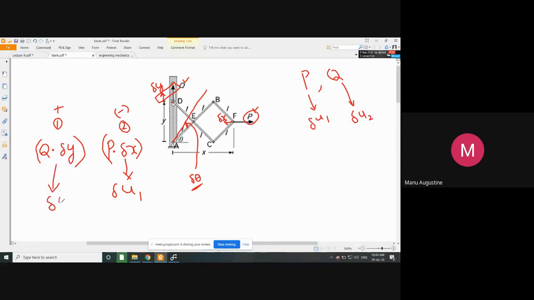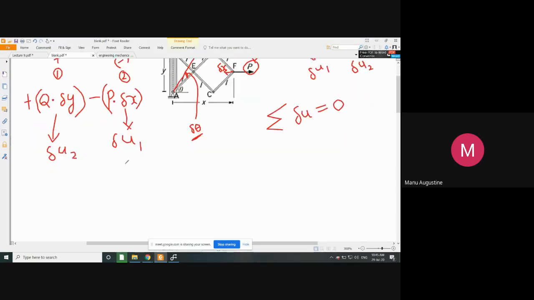You take the proper sign. This is positive. This is negative. And the principle of virtual work says that the summation of all virtual works of a system which is in equilibrium must be equal to 0.